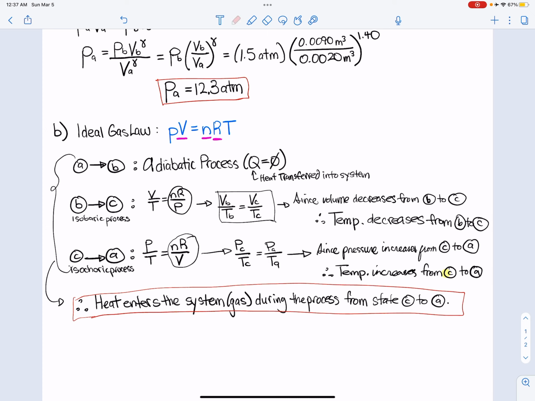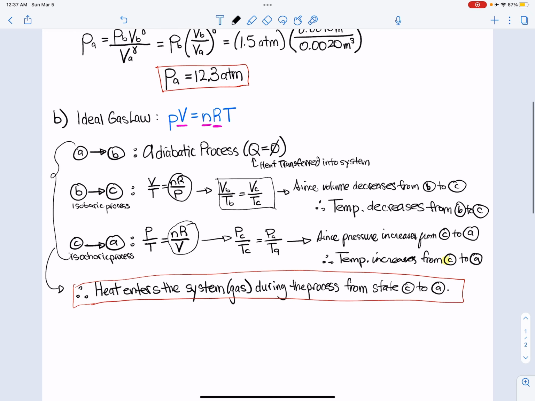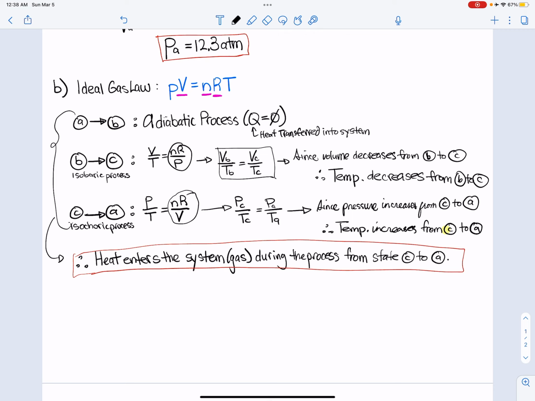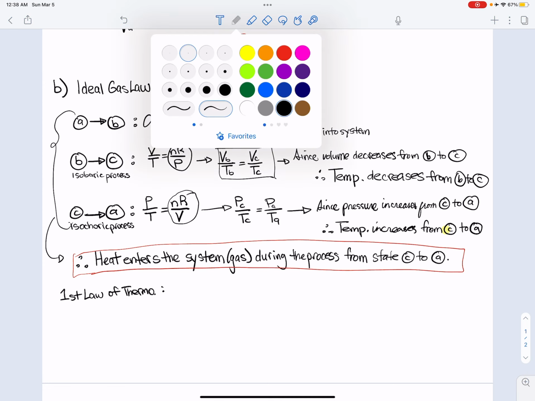In order to find how much heat enters the gas from state C to state A, I will use the first law of thermodynamics.